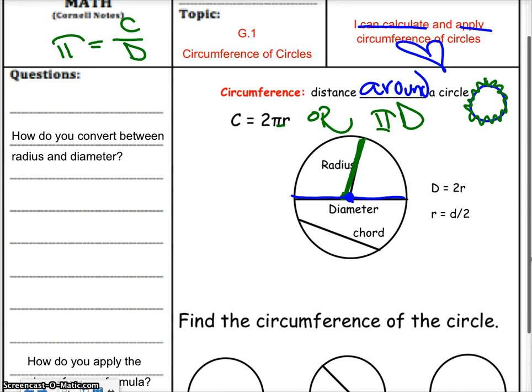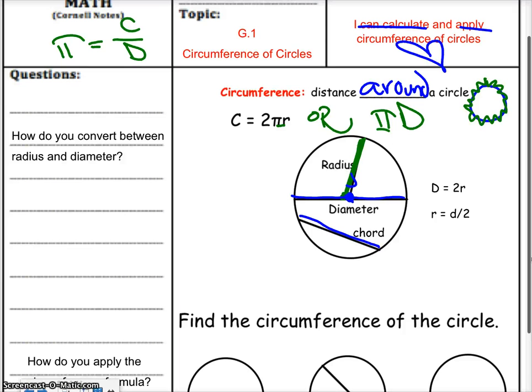So radius goes through the center, diameter goes through the center. A chord does not have to go through the center. A chord is just a segment that connects two sides of a circle. So you've got radius and diameter, which you need to know the most.